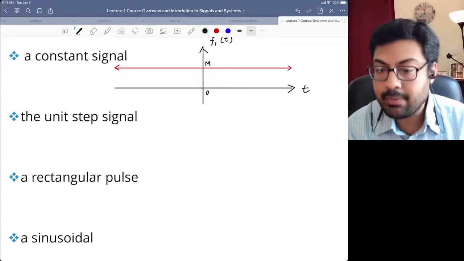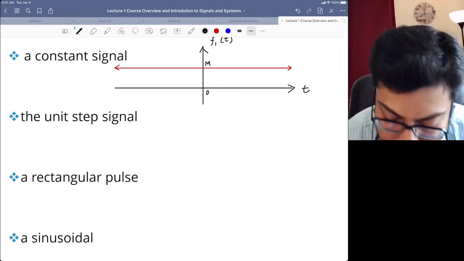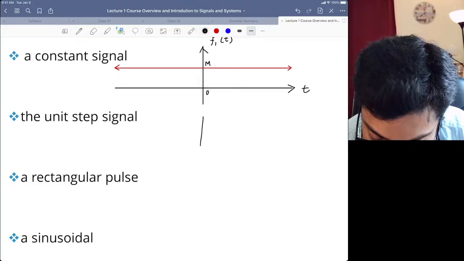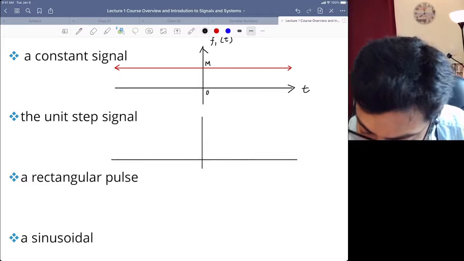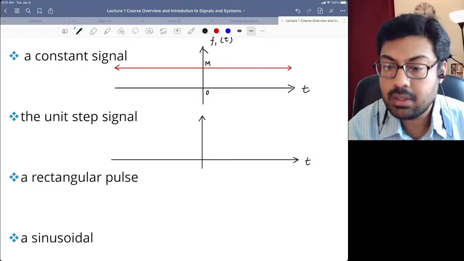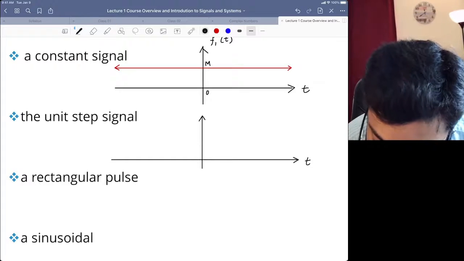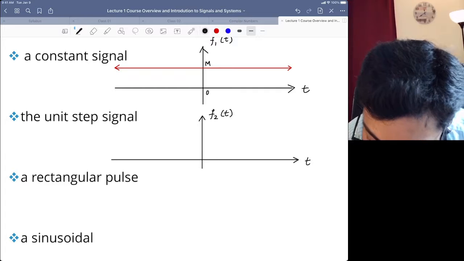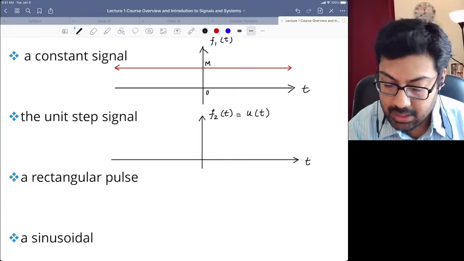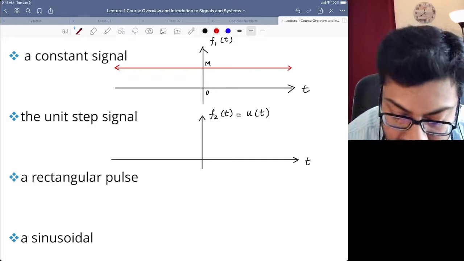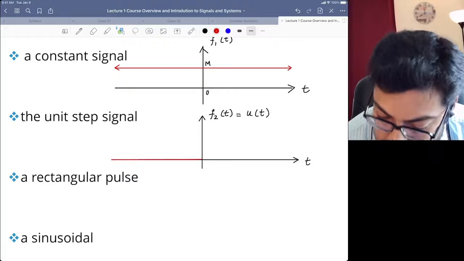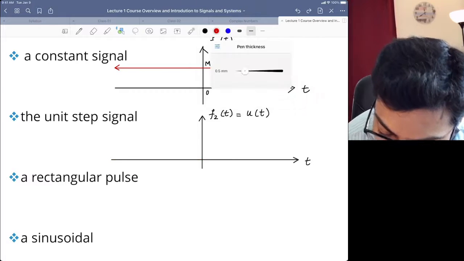All right, let's talk about unit step. So how does the unit step look like? I have this. Again, I'm going to use time here, and I'm going to use f2 of t here, which is really my u of t. A unit step is indicated by u of t. And it simply is this. It is going to be 0 for time less than 0.